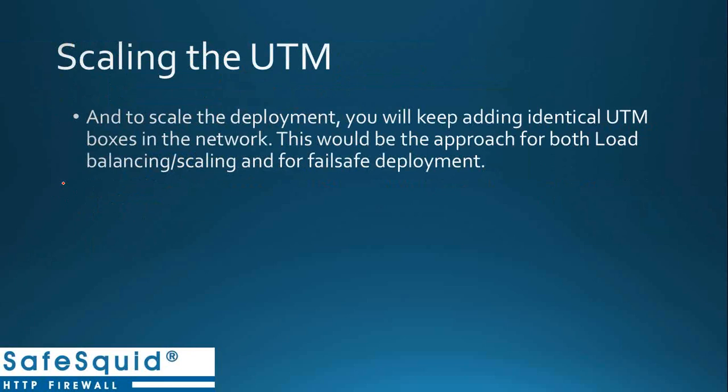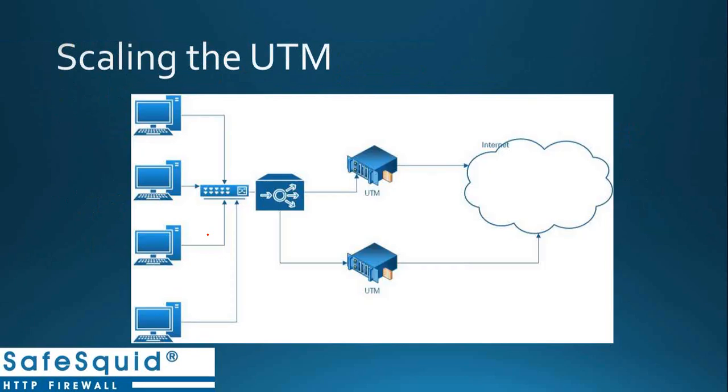So if we just quickly go to the next slide, what we see here is a standard, very basic failsafe and load balance deployment of a UTM in any organizational scenario. So what is happening is, we have our cascaded switches, we have the network. Then the data is going to the load balancer.